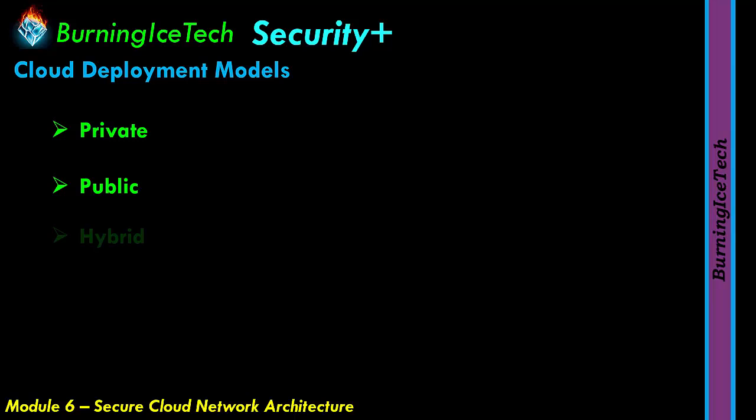As for hybrid cloud, guys, whenever you see the word hybrid in IT, it normally is a combination of something. In this situation, it's obviously going to be a combination of private deployment and public deployment. So if this is your company with a hybrid deployment, that would mean you still have some stuff on premises, and at the same time, whatever that stuff is, you've got that same stuff online in the cloud.